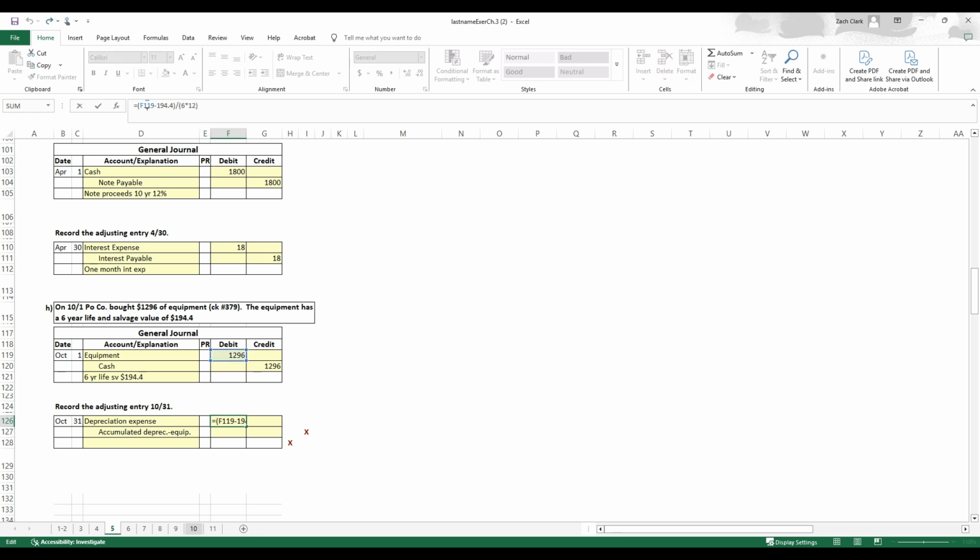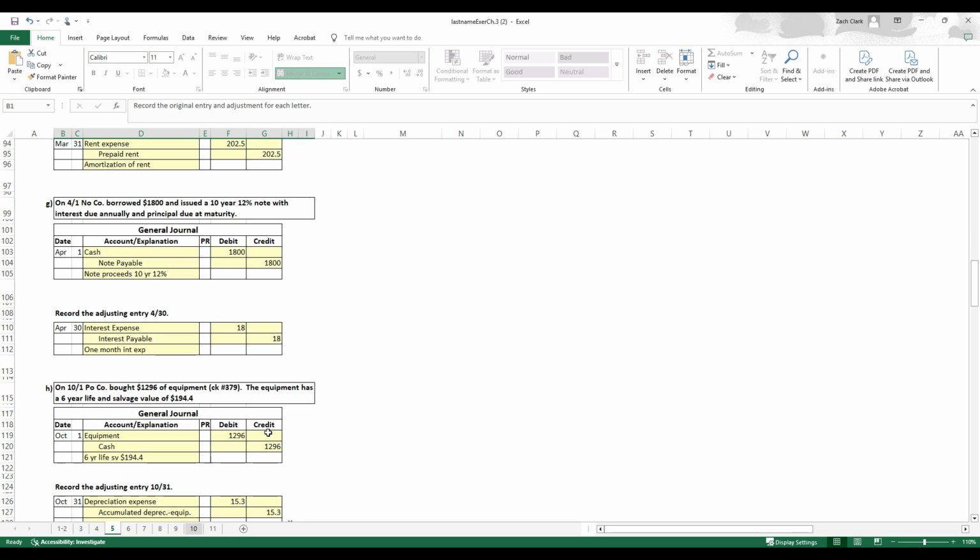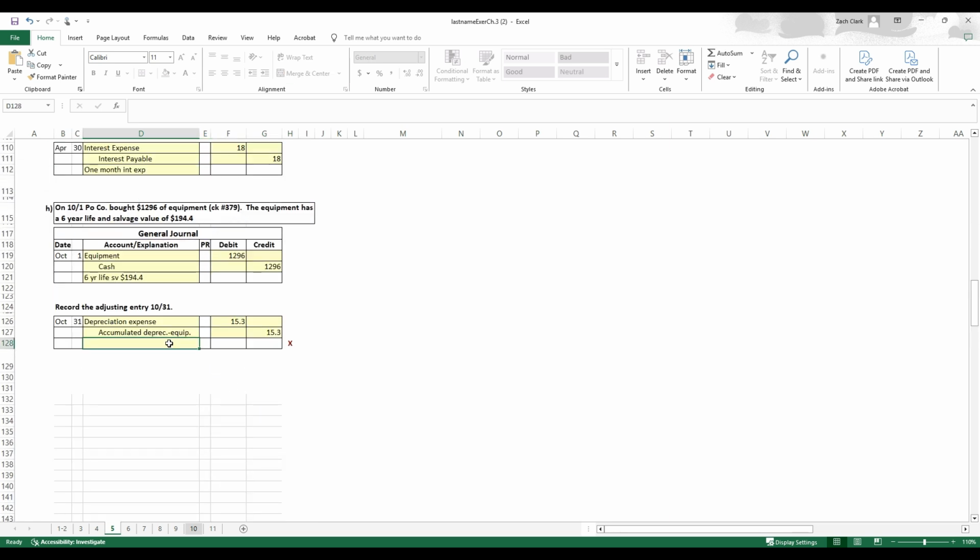So again, that formula: original cost, $12.96 minus the salvage value or residual value, sometimes you'll see it said that way, divided by the years. But this is really divided by the months. So it's 6 years times 12 months per year. And then we use the accumulated depreciation contra account. Good to go. And we'll say, what month is this? October depreciation expense.